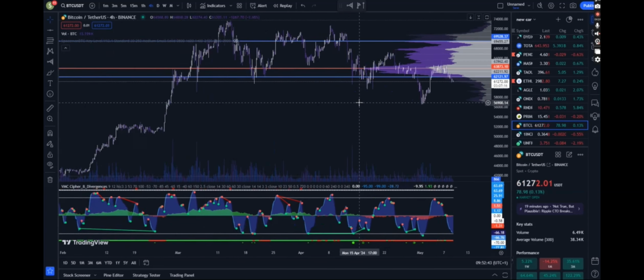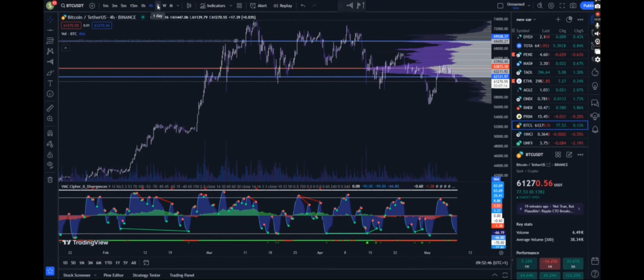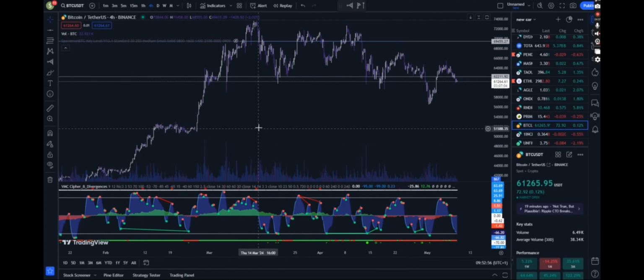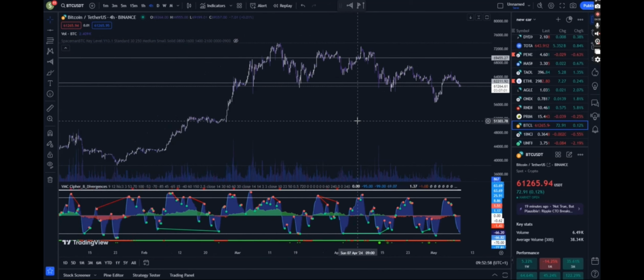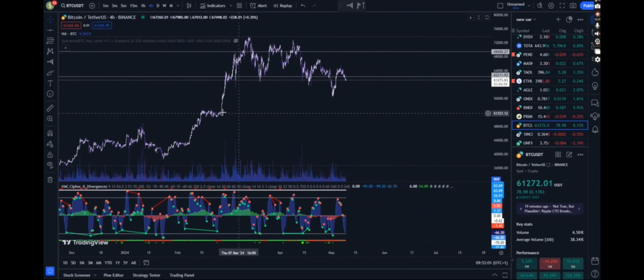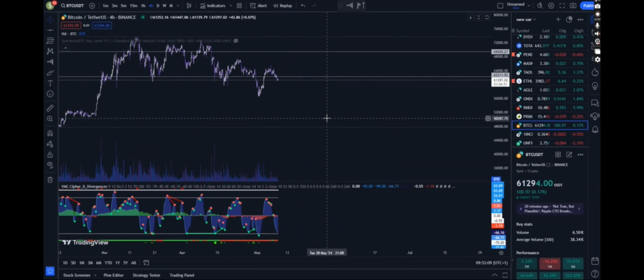At the minute, my personal opinion, but this is just my opinion, I'm looking at this area here, around 52. I'm not saying it is going to go down to 52, but there is a potential for it to go down to 52.